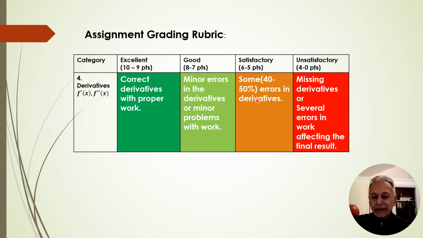You will get 5 to 6 points if you have some errors, like 50% error or 40% errors, and 60% is correct or 50% is correct. And if the derivatives are missing, even if you don't submit the derivatives, then you get 0. Or if there are several errors in the work and that affect the final result, then you might get 0 to 4 points.